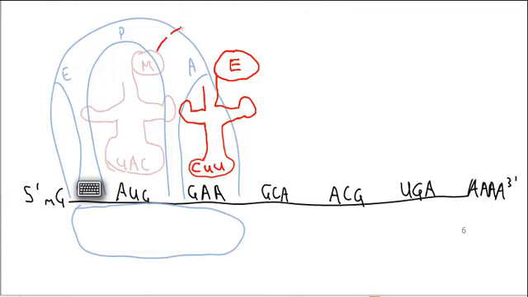The methionine from the P site will transfer over so it sits on top. The ribosome will help it form a peptide bond, and it will sit on top.